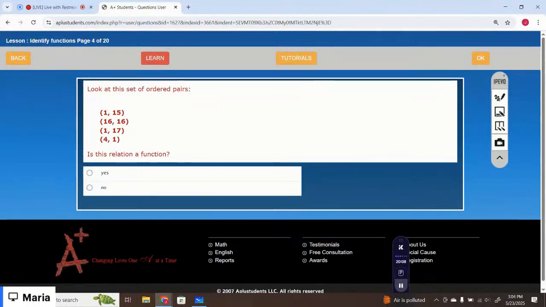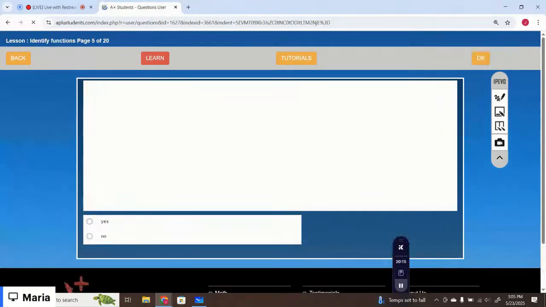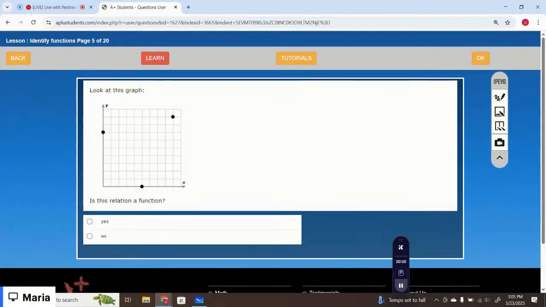Is this relation a function? No, that is not a function. Look at the graph. Is it a function? No, that is not a function.